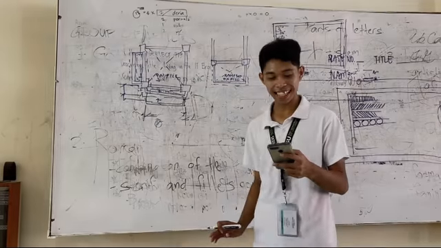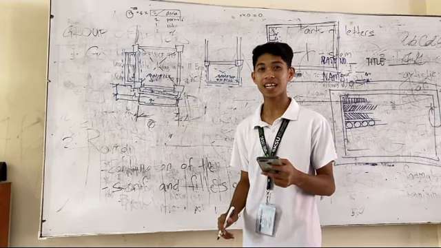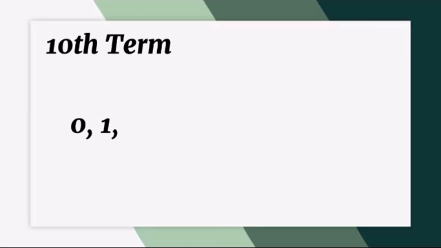Next, let's find the indicated term of the Fibonacci sequence. Let's try the 10th term. Just like the example before, we have 0, next to 1, then 1, then 2, then 3, next to 5. We have 3 plus 5, we have 8.